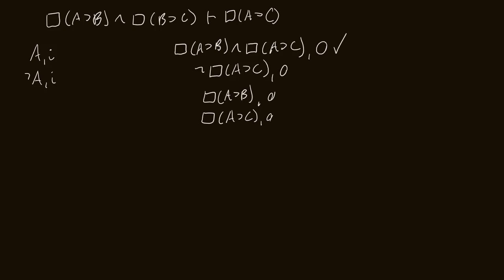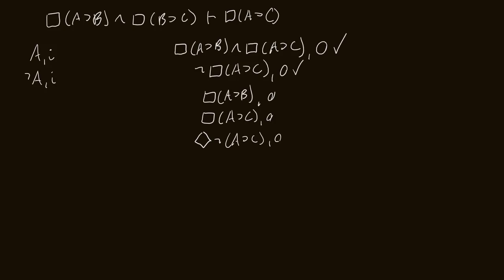And then let's take a note that we're done with that one. Okay, what's the next thing we can do? Well, we can change our quantifier. We can negate the square and put diamond, not if A then C in 0. So let's do that. We'll have diamond, not if A then C in 0.